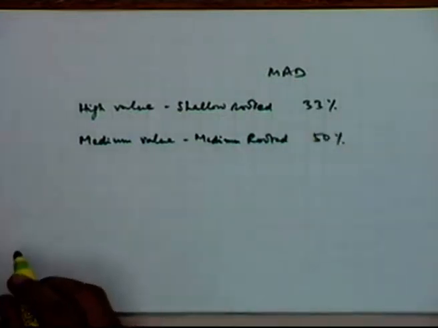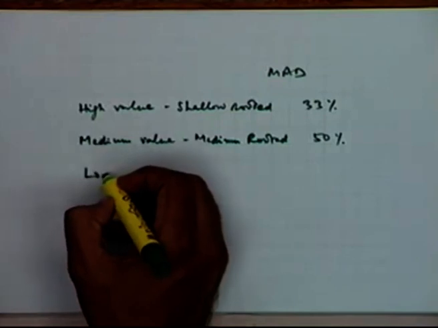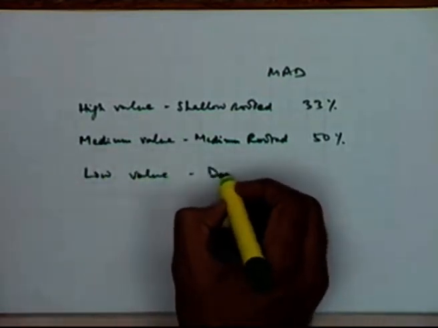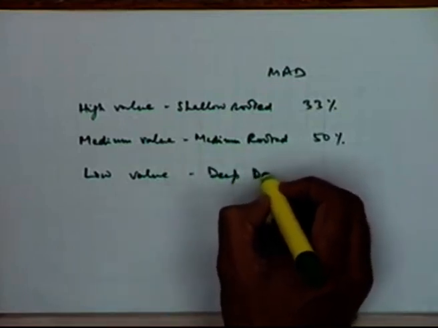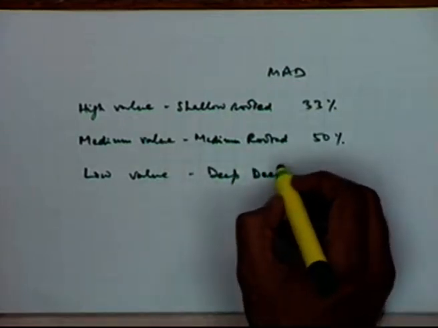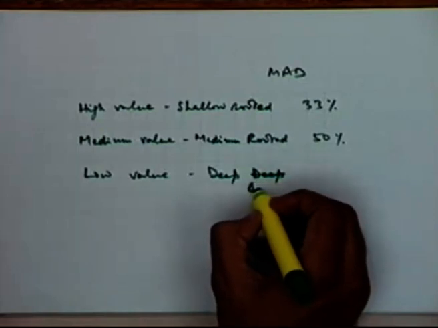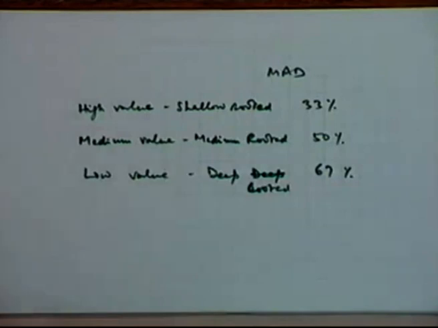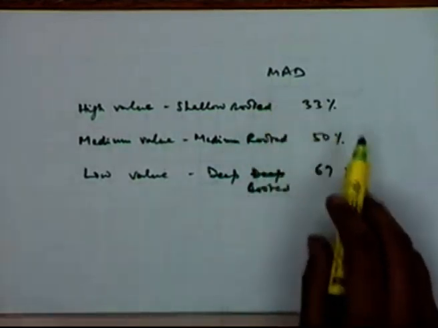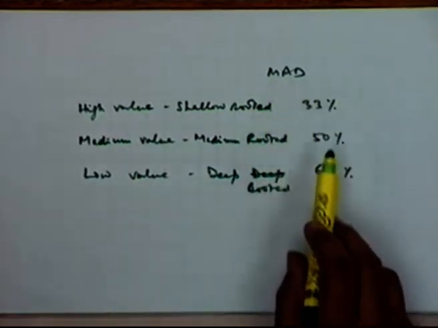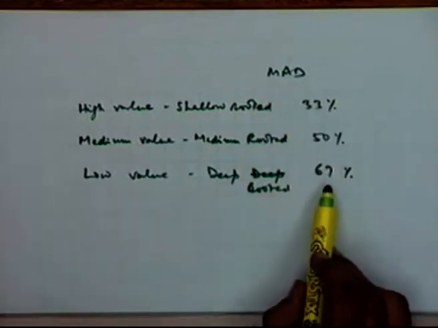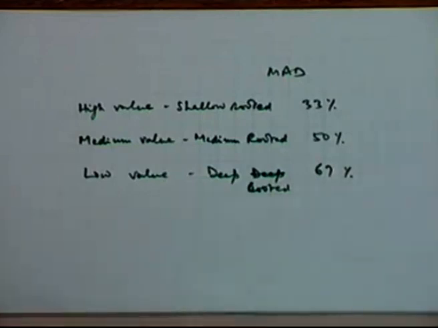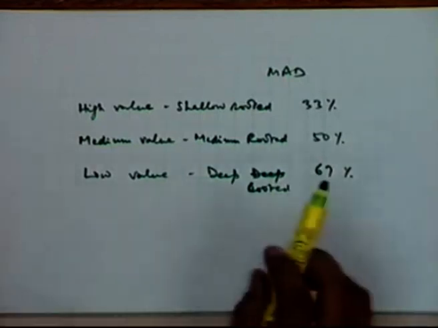you can go up to 50%, and for low value crops, normally deep rooted, the management allowable depletion can be as high as 67%. These are some of the values which are order of magnitudes, not literal values.